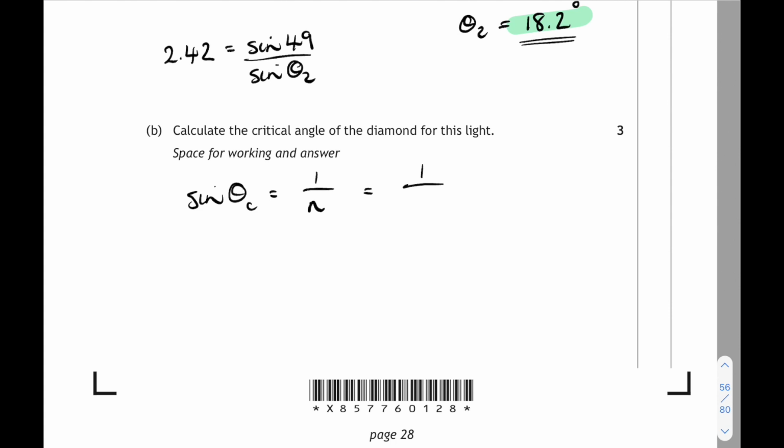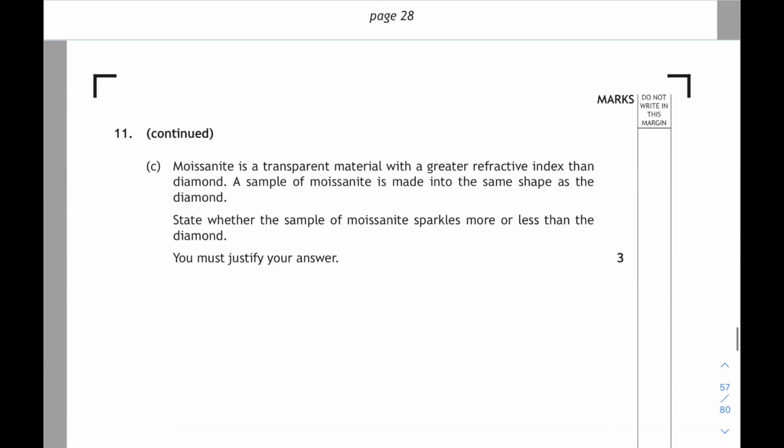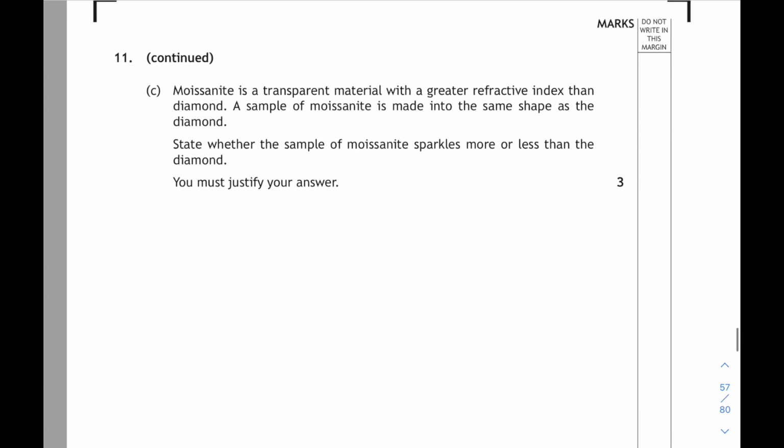For this diamond, that'll be 1 over 2.42. If you do that in your calculator, then theta c works out to be 24.4 degrees. That's the critical angle for the diamond. So any light that is in the diamond at angles greater than that is going to get totally internally reflected.